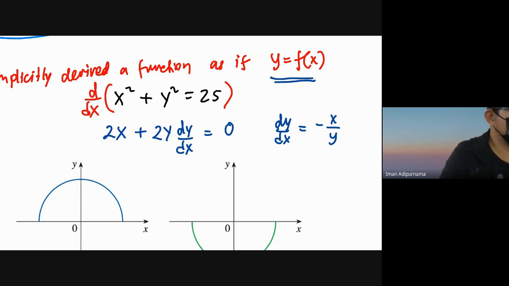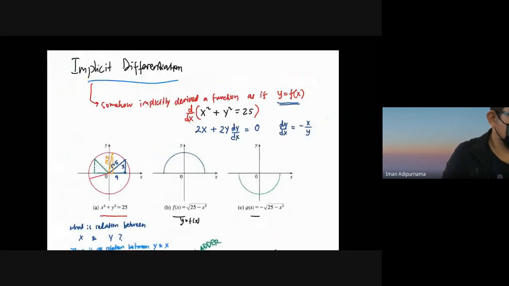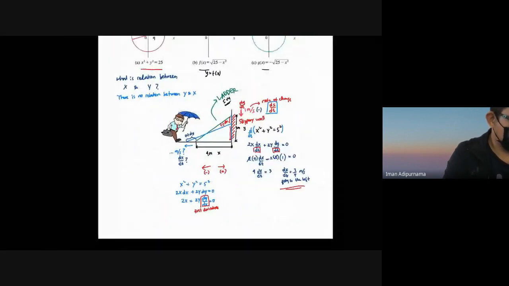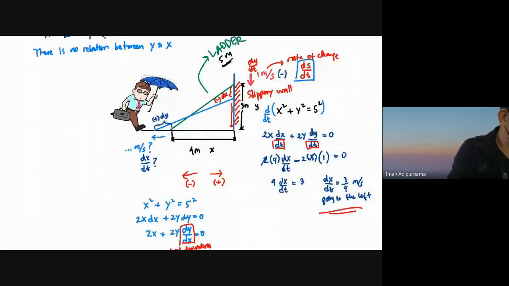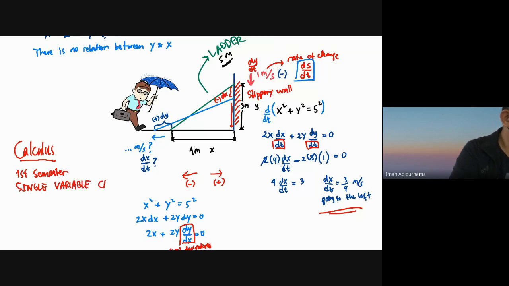Okay, and this is still okay. So let me write here. In your calculus, the first semester is about problems with a single variable. We call it single variable calculus.